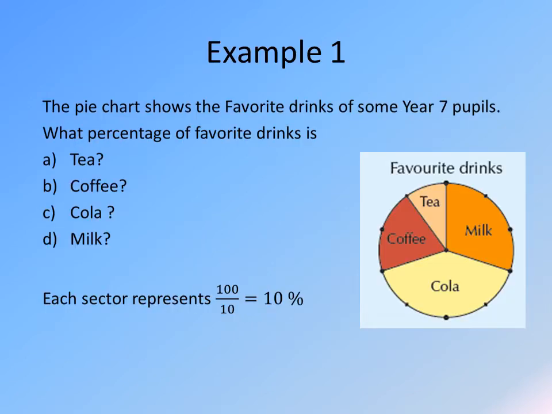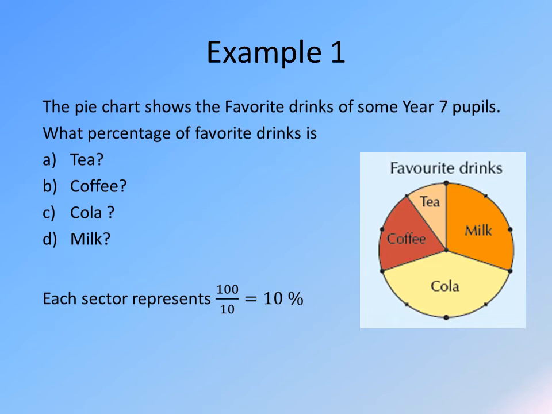The pie chart here shows the favorite drinks of some year 7 pupils. What percentage of favorite drinks is tea? Here the key is inside the pie chart. We have tea, milk, cola, and coffee. But we need to know first how much each sector represents in the pie chart.